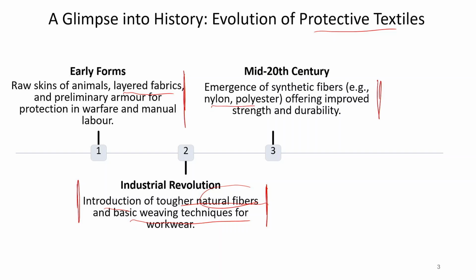They offer improved strength and also durability, because natural fibers have a main problem with durability, because they are biodegradable, they are affected easily by the environment. So, the invention of nylon and polyester helped in improving the strength and also durability.